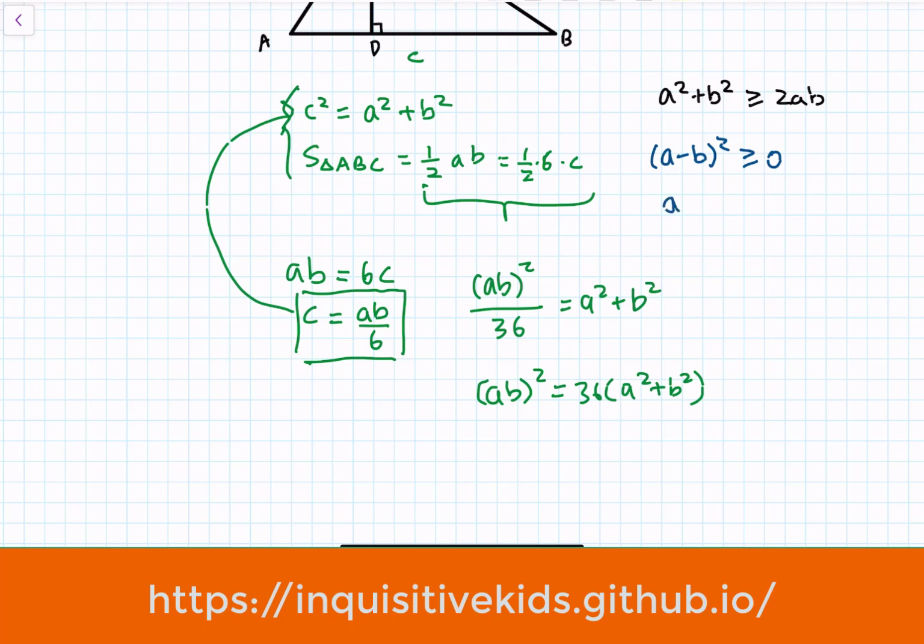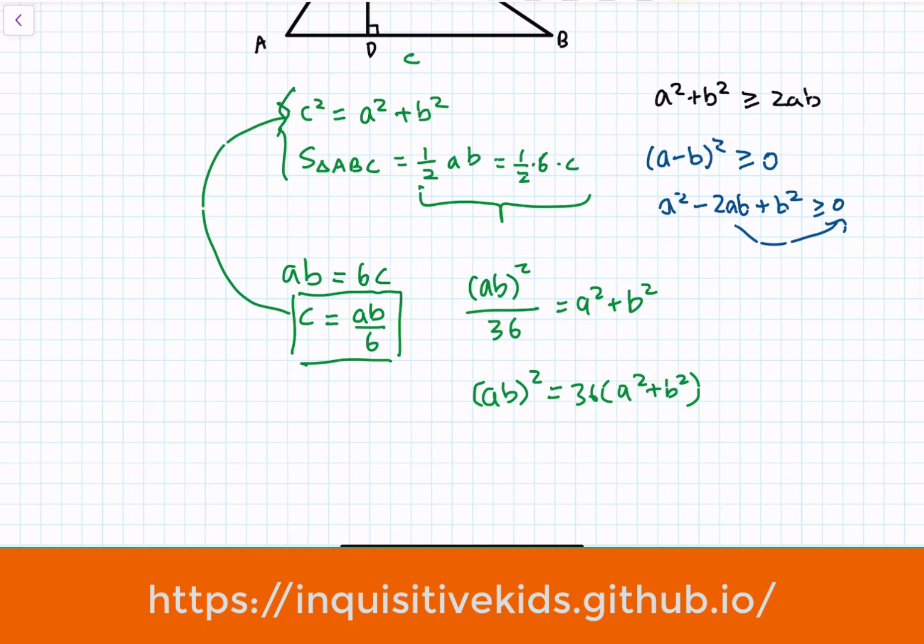When we simplify it, A squared minus 2AB plus B squared is also greater or equal to 0. So then we can move 2AB to the right side of the equation. A squared plus B squared will always be greater or equal to 2 times AB.